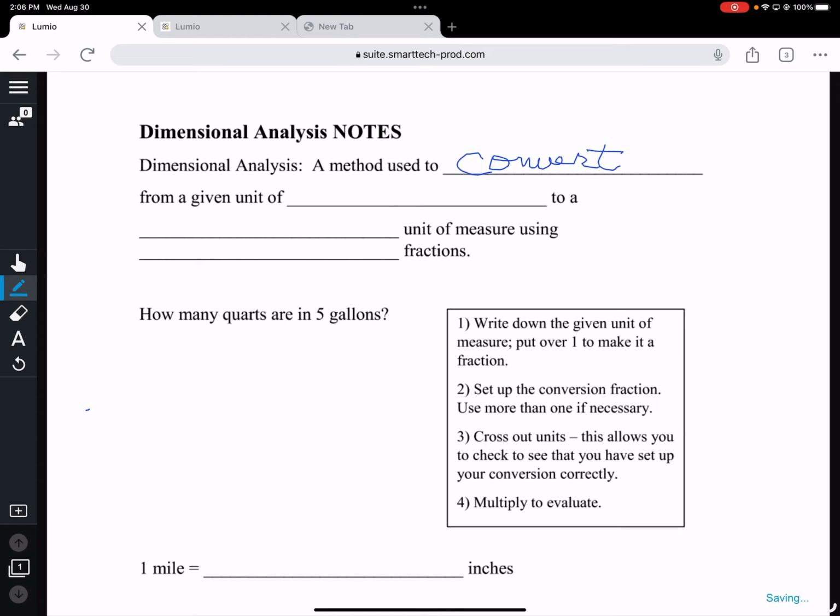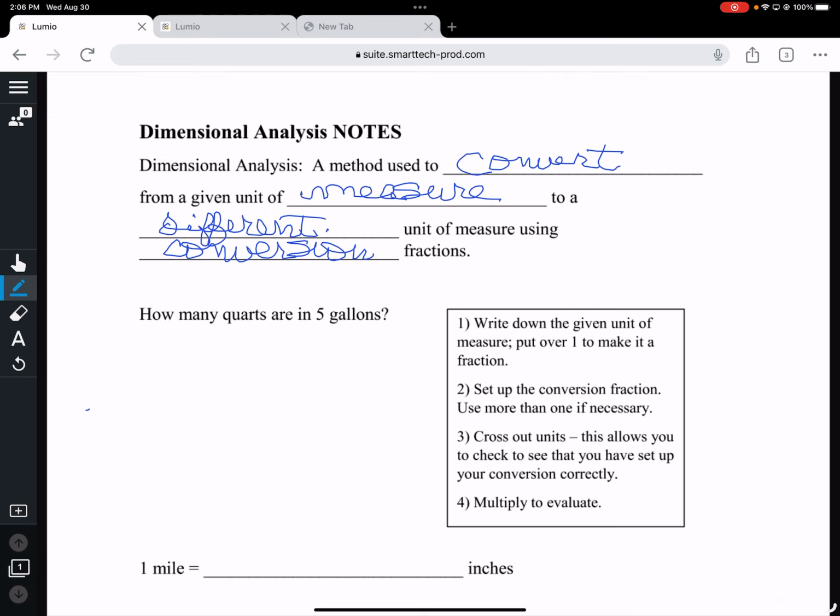To convert from a given unit of measure, in other words, to a different unit of measure, using conversion fractions.